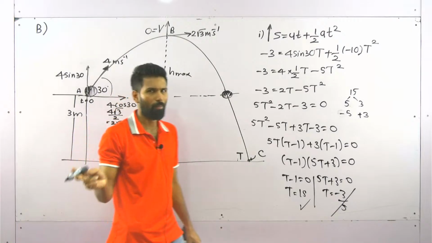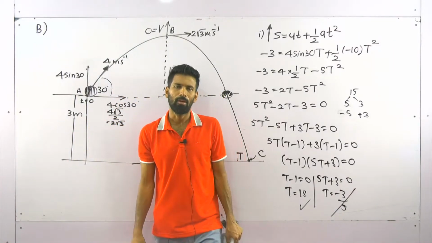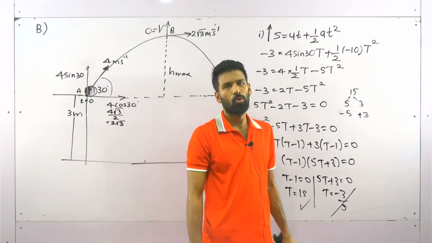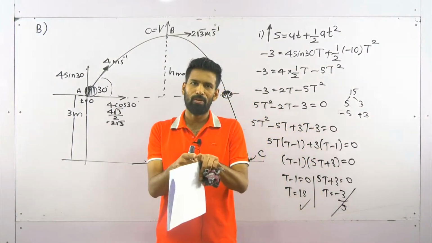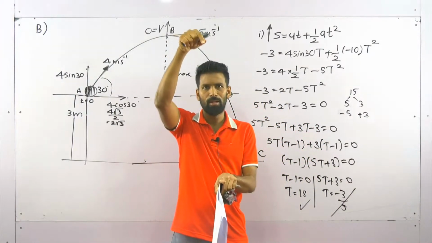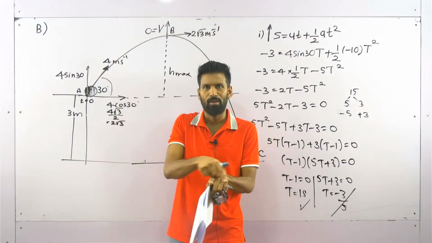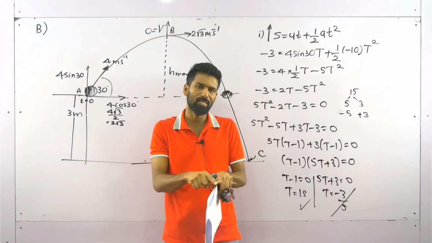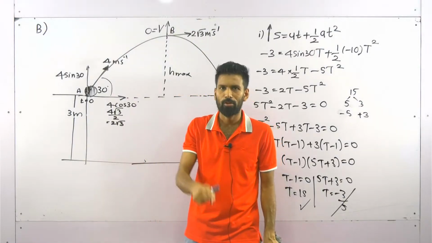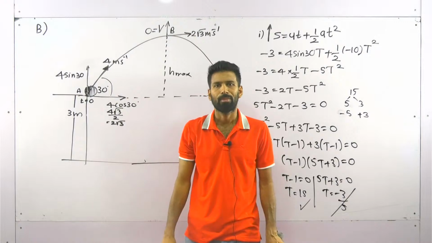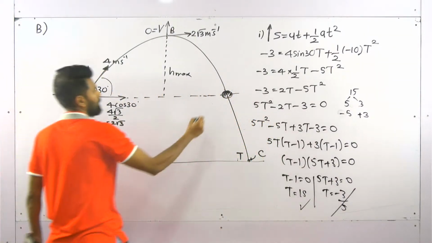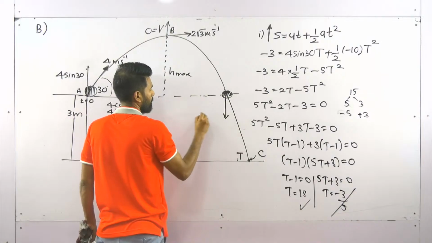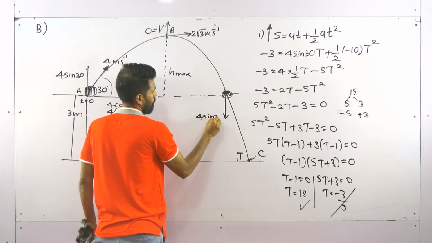Now you can apply equations and check, but from the motion under gravity lesson, you know that when an object passes the same level that it started in the opposite direction, after a certain time, it has the same velocity value downward. So the downward velocity will be 4 sine 30 at this moment.